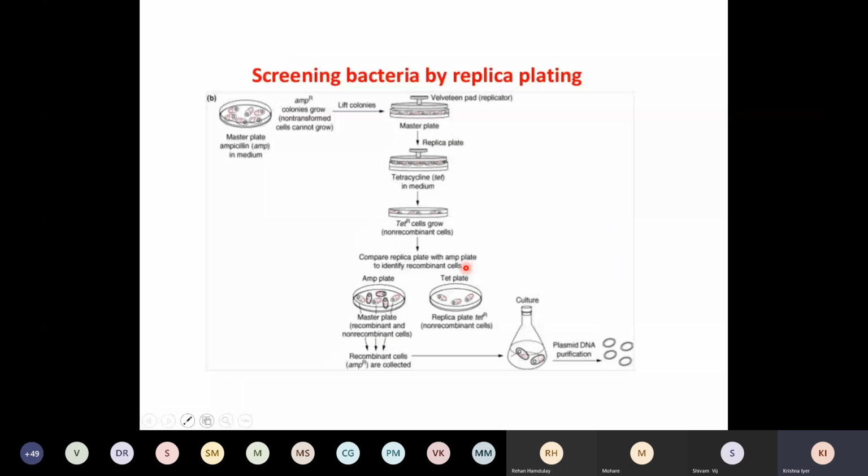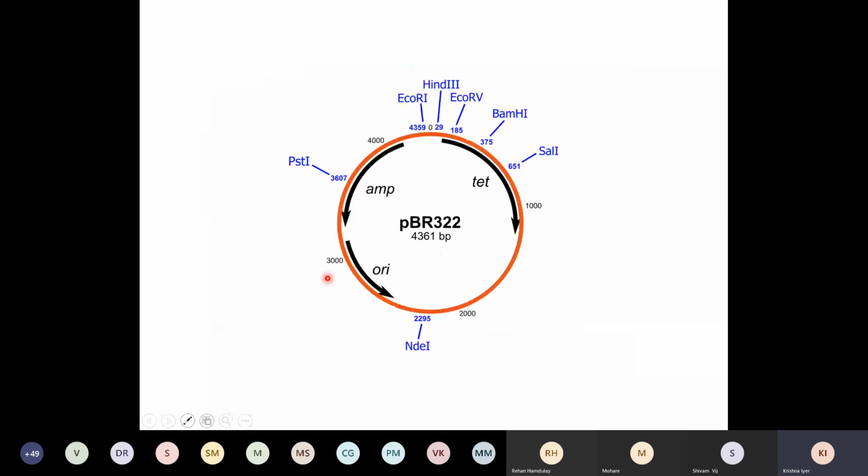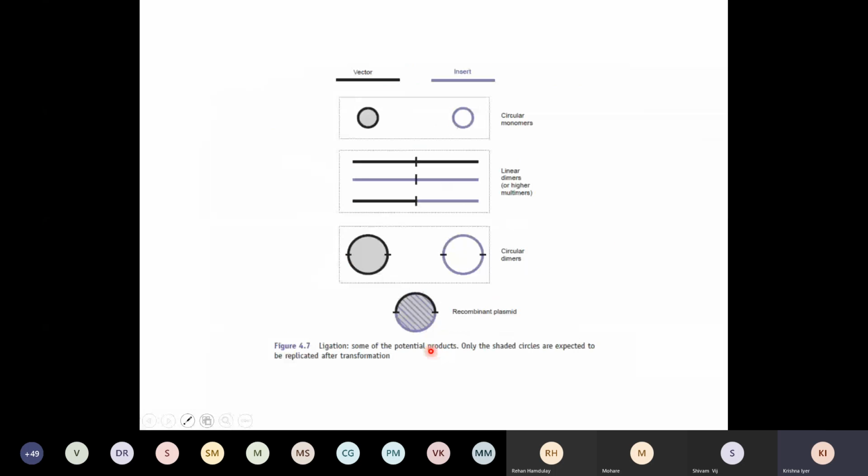Now after I introduce this mixture into bacteria, what I will find is all the bacteria which take up just the original plasmid, or combinations of the original plasmid, will show a very interesting property.